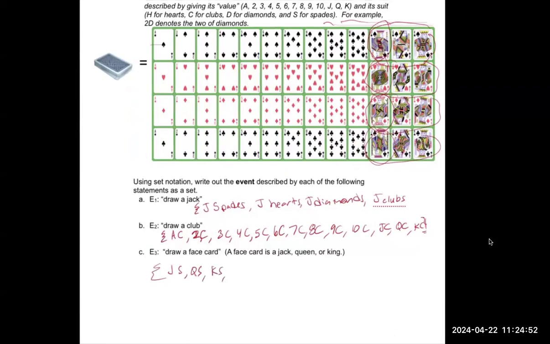Then jack of hearts, queen of hearts, king of hearts. Then jack of diamonds, queen of diamonds, king of diamonds. Then jack of clubs, queen of clubs, and king of clubs. And there you go.